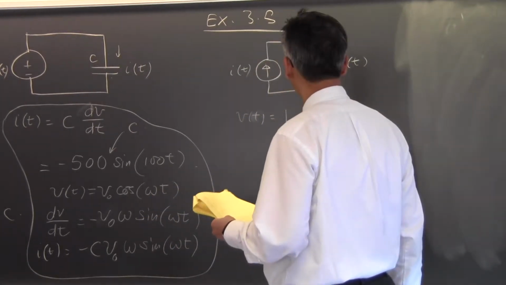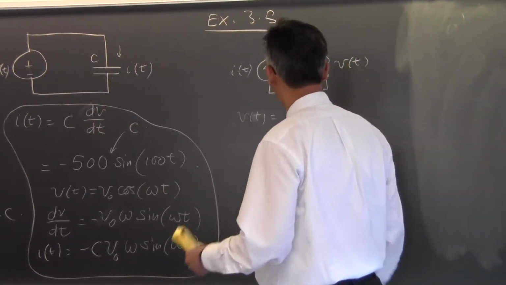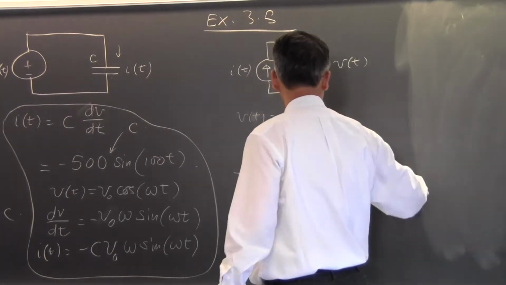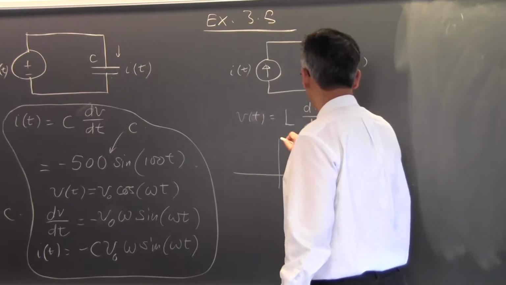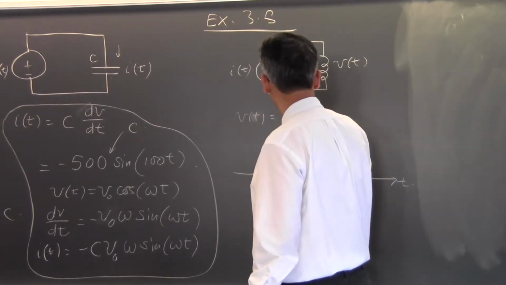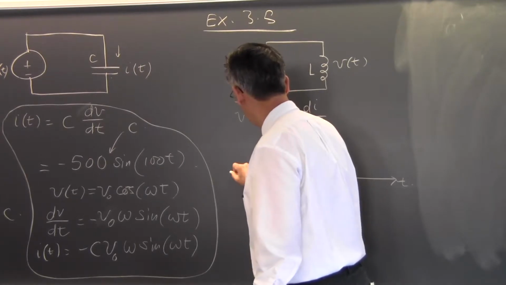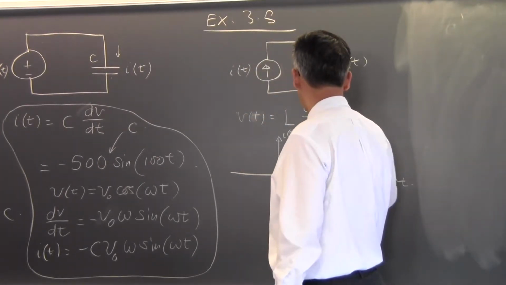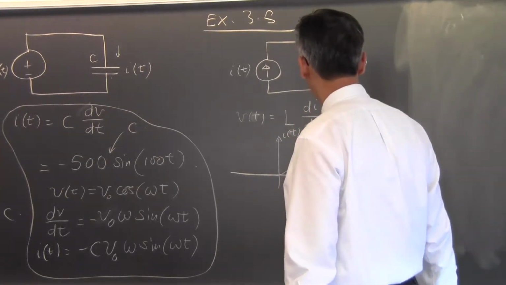Okay? Now let's do some I that is somewhat fancy looking. I of t looks something like this, that I of t is 0 in the beginning of time, or until time is equal to 0, then it goes up linearly as a straight line.